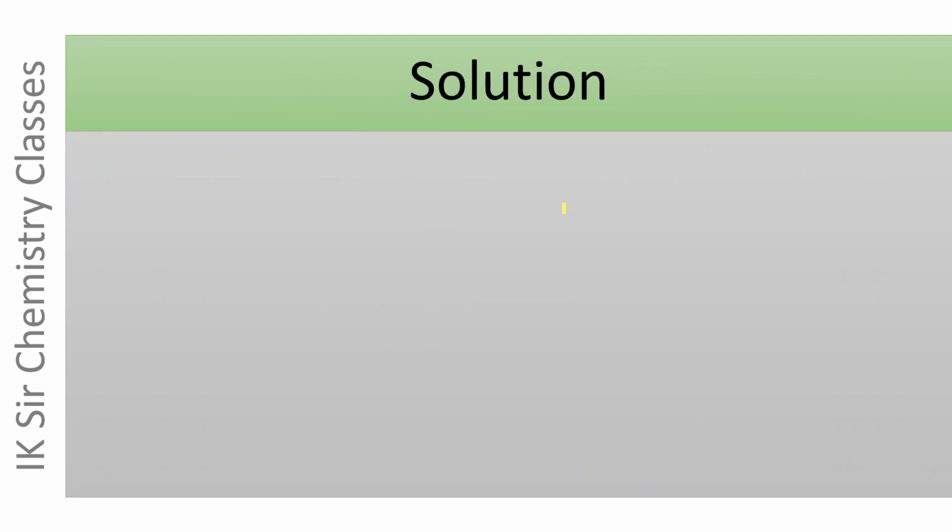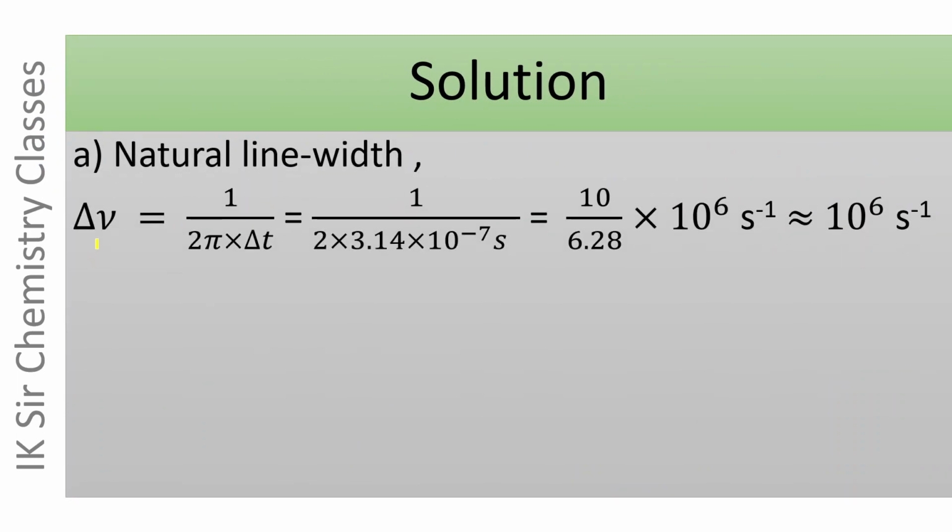Here is the solution. Natural line width is equal to delta nu, and it is given by 1 by 2 pi delta T. 1 by 2, this is the value of pi, and the average life of the electron in the higher energy spin state is given in the problem as 10 to the power minus 7 seconds.